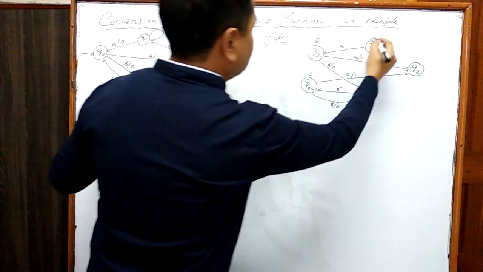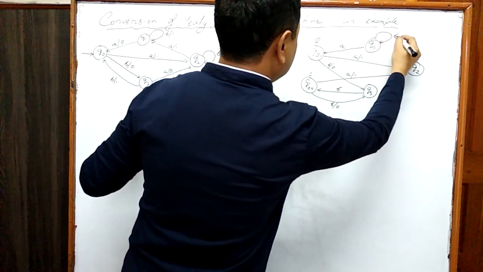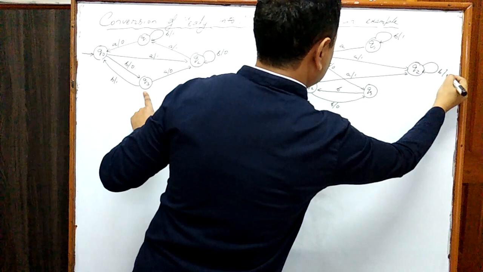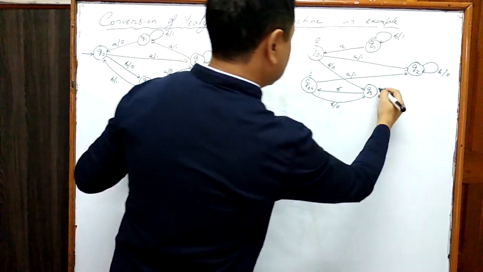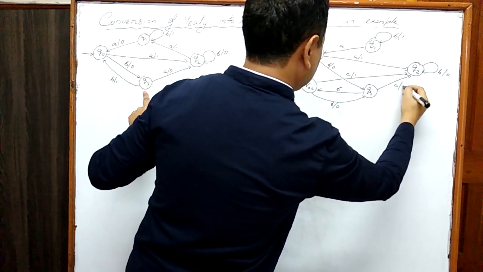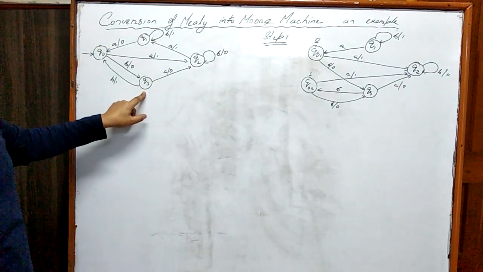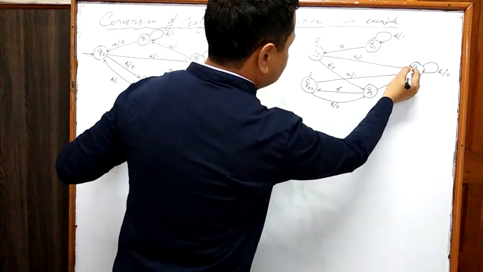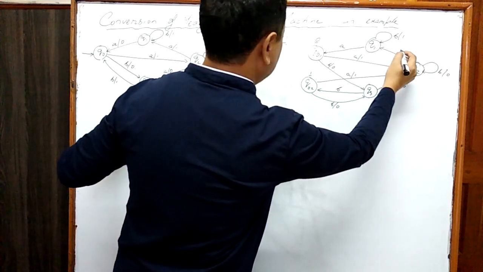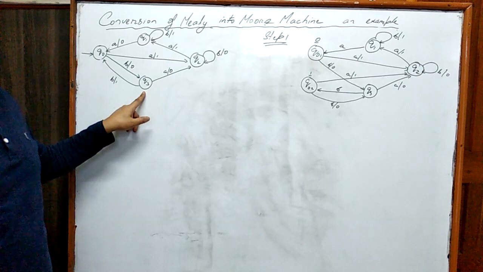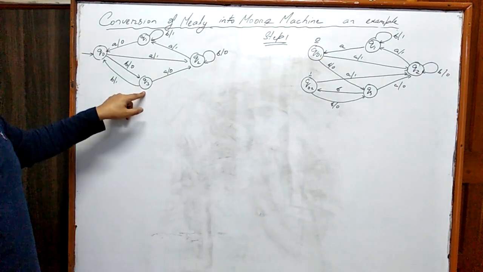The rest we need not touch, so we'll say this is B/1, this is B/0, this is A/0. I think that is done. One more is there, that is A/1. That completes step 1.